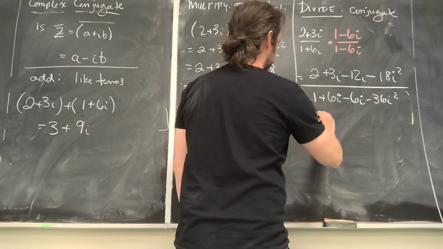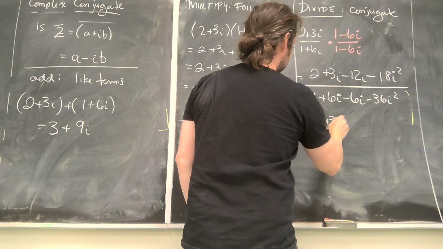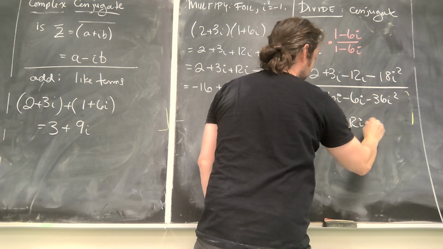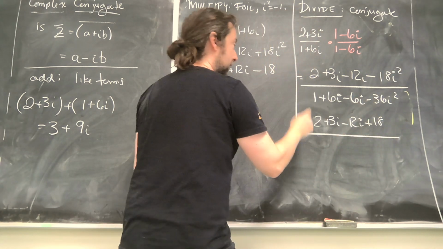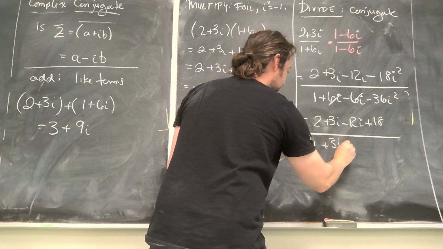So this reduces to 2 plus 3i minus 12i. I switch the sign because of the i squared to make this an 18. In the denominator I have 1, these cancel, and I get a plus 36.